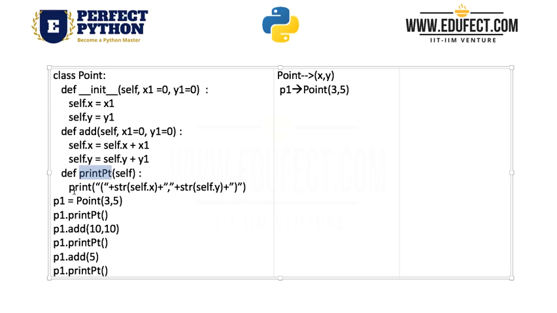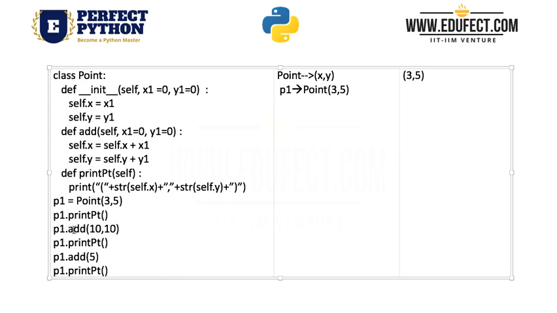So it will start printing brackets, then str(self.x). self.x will be 3, str because it's a number, so it will convert it, so 3, then a comma, then str(self.y) which means 5, and so we have been able to print the point successfully.